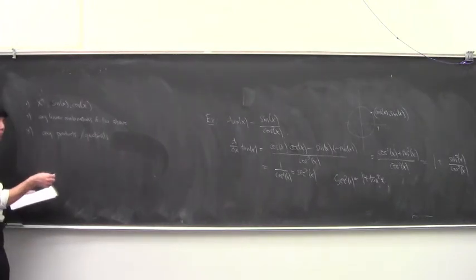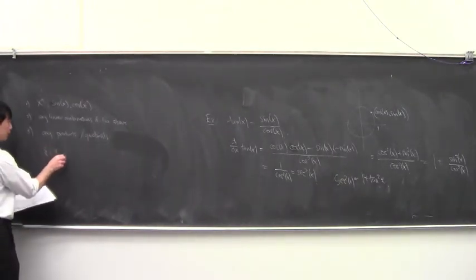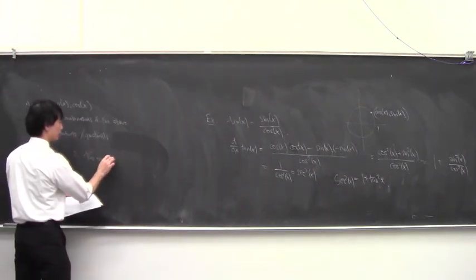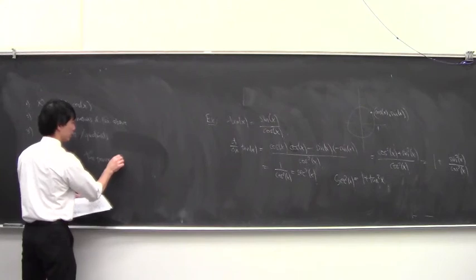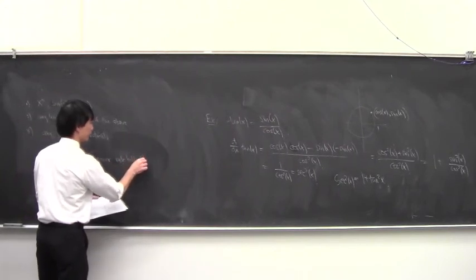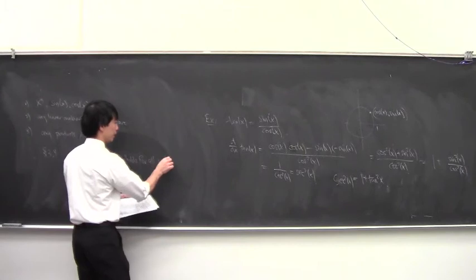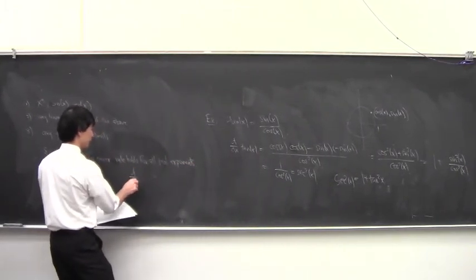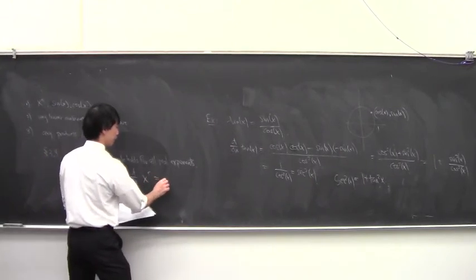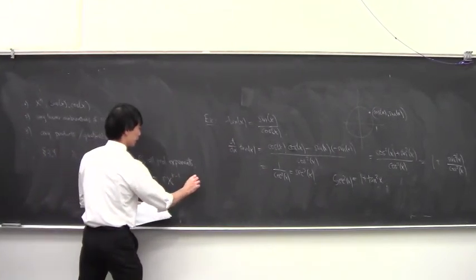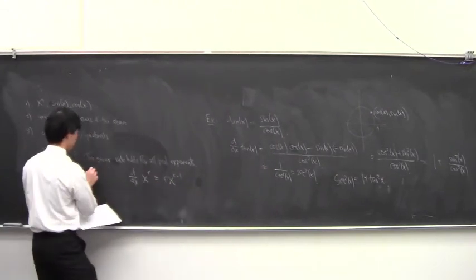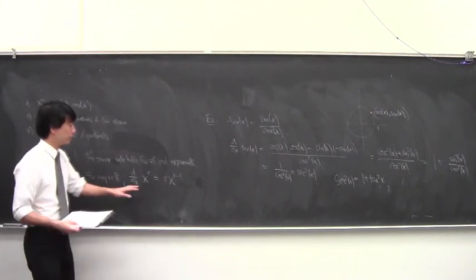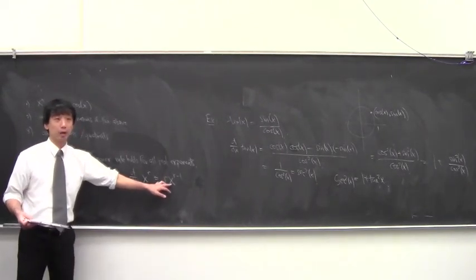In the next section, we'll see two things. One, that the power rule holds for all real exponents. That is, if you're differentiating x to the r for any real number r, the derivative of x to the r is going to be r x to the r minus 1.